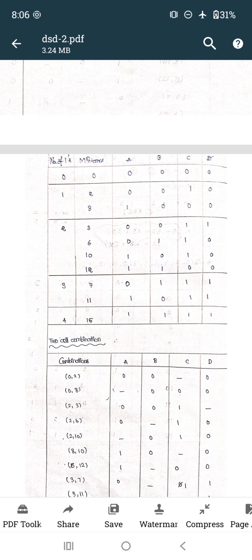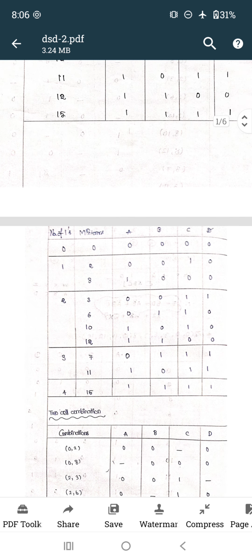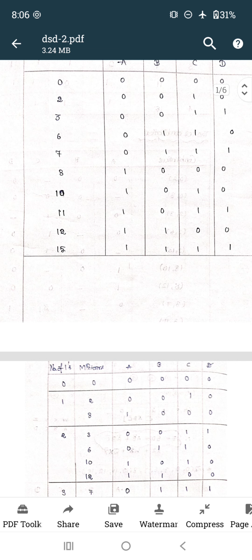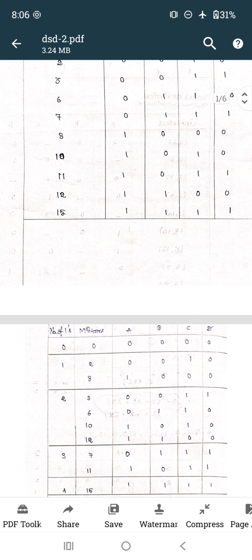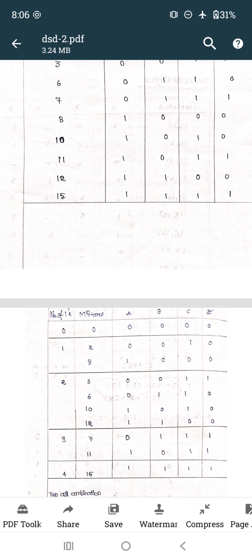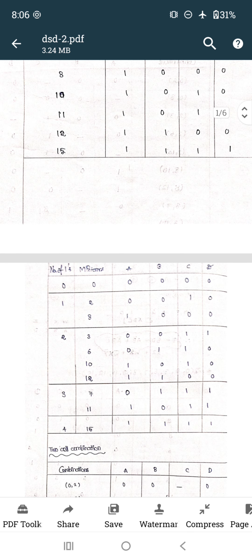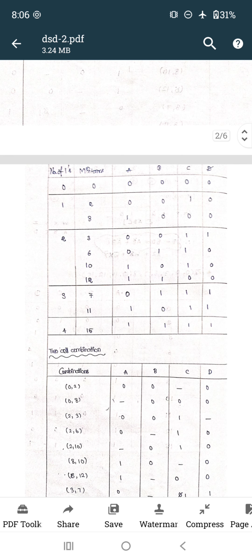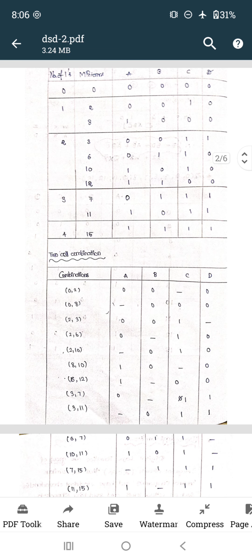For 4 ones, the minterm is 15. So step 1 is the binary representation for the given function. Step 2 is grouping of ones. Step 3 is two-cell combination.